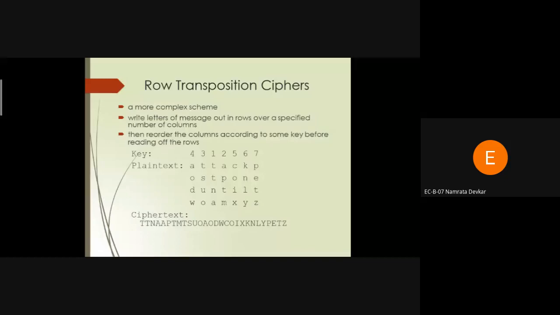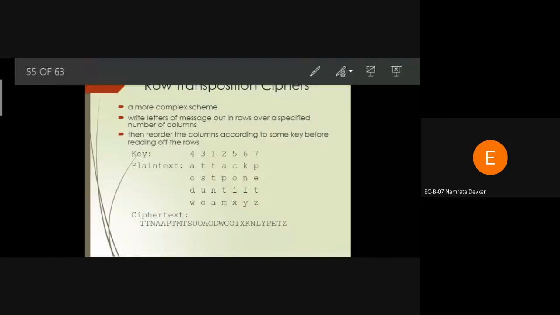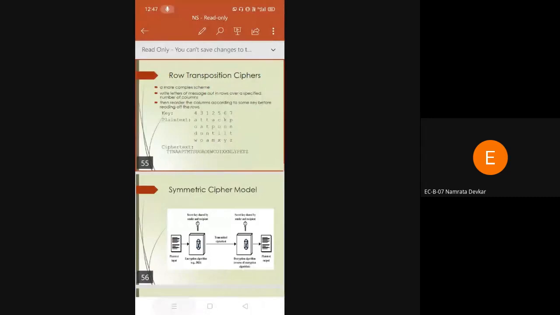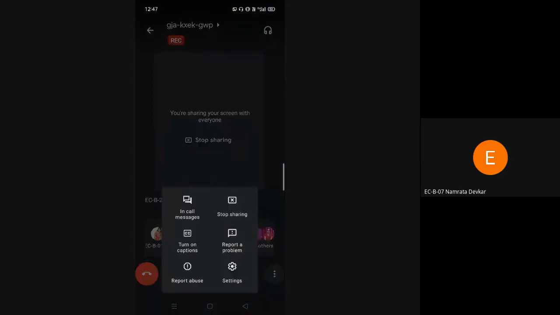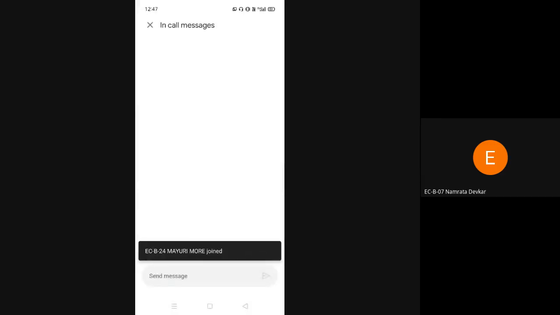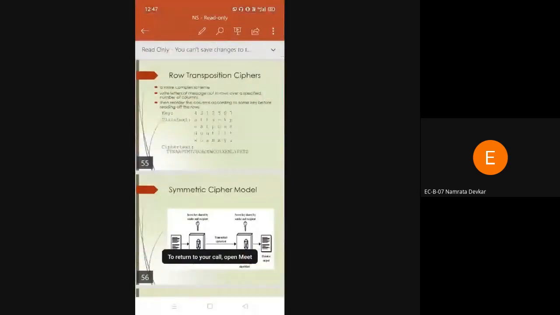Yes, quickly. Yes, you can use the same key.